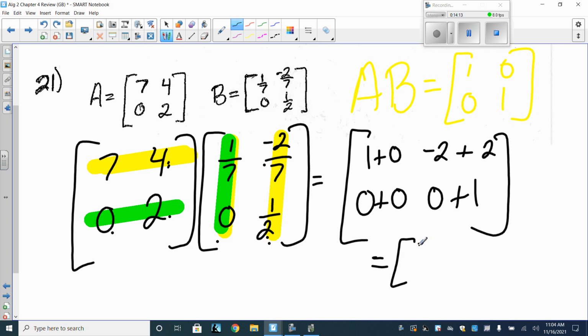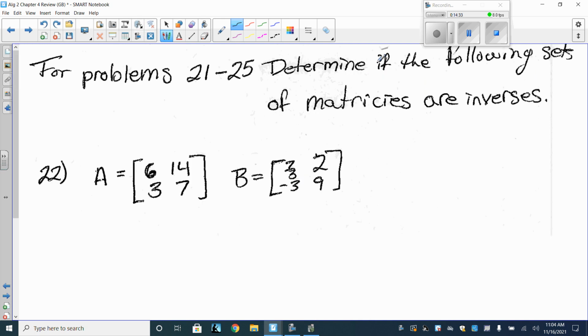What do we get? We get the identity, yes? So are these two inverses? Yes. And that's it. Questions on this here? Any other questions on inverses?